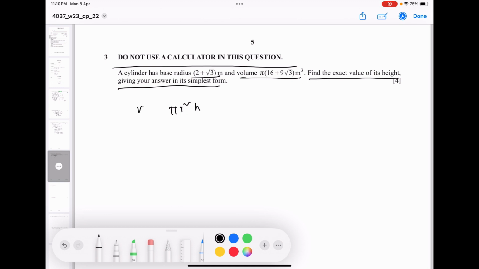This is the formula for volume. That means (root 3) whole squared times h equals the volume, pi times (16 plus 9 root 3). So now it is necessary to simplify.